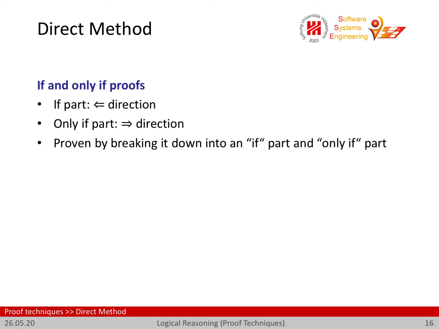Thus, we can conclude m square is odd. A variant of this are so-called if and only if proofs. This means basically two statements are equivalent. The way we typically address this is we take it apart into two different subpieces, one for each direction. So we basically prove an if part in one direction and only if part in the other direction.